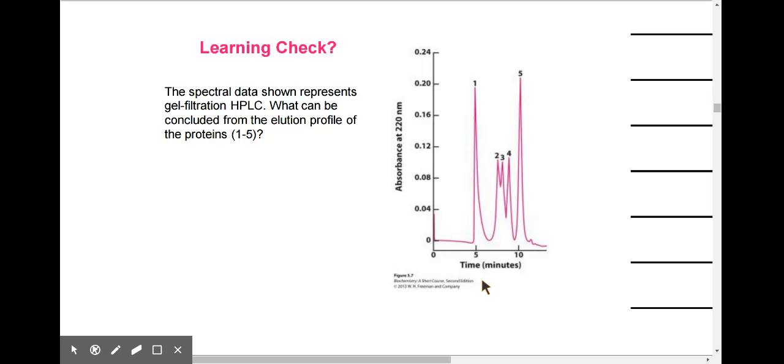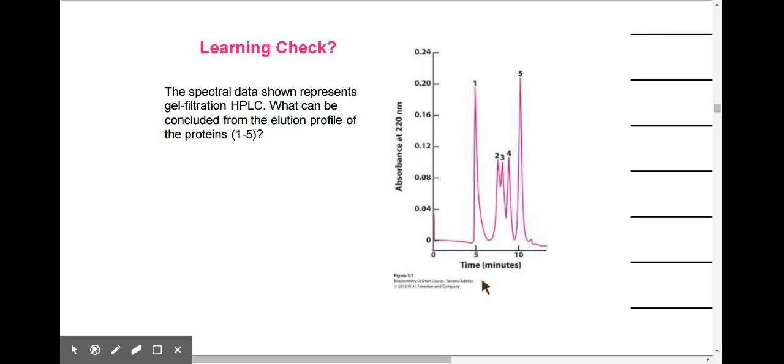And so what I'm asking you is, even if you don't know what these proteins are, you don't know the identity, you're looking at the elution profile, what can you tell me about protein 1 versus protein 5? The biggest. And you know that because it came off the column when? First. It came off the column first, and so what came off the column last is the smallest, and 2, 3, and 4 are somewhere in between.